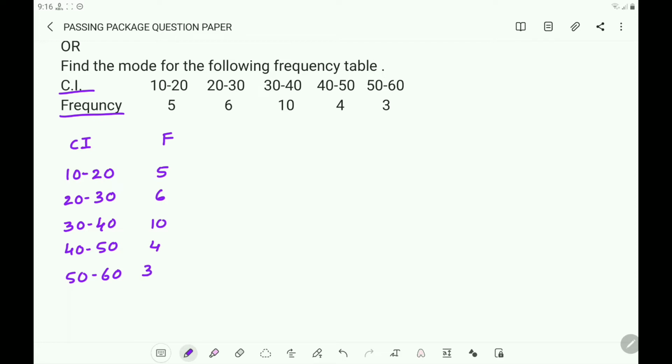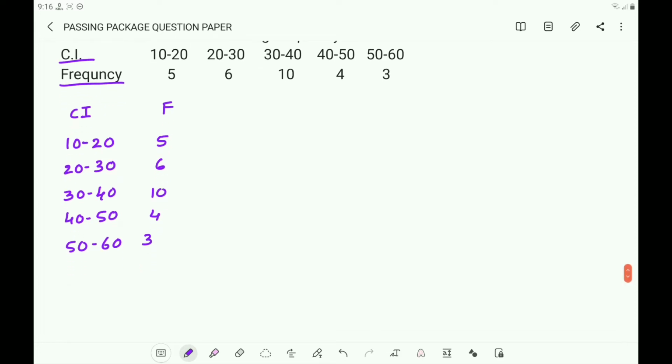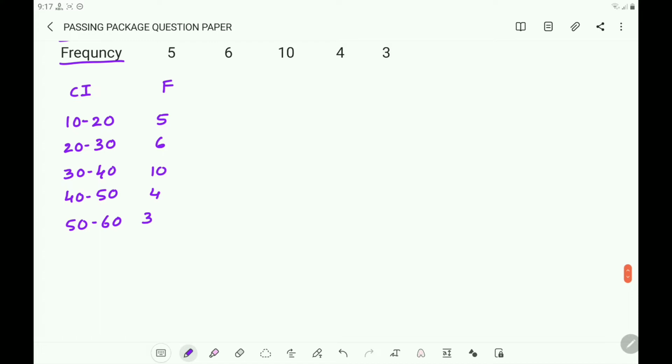Here we have to find the mode. Then find the maximum frequency. Which is the maximum frequency here? 10 is the maximum frequency. So which is the modal class? 10 is the maximum frequency. Therefore the modal class is 30 to 40.